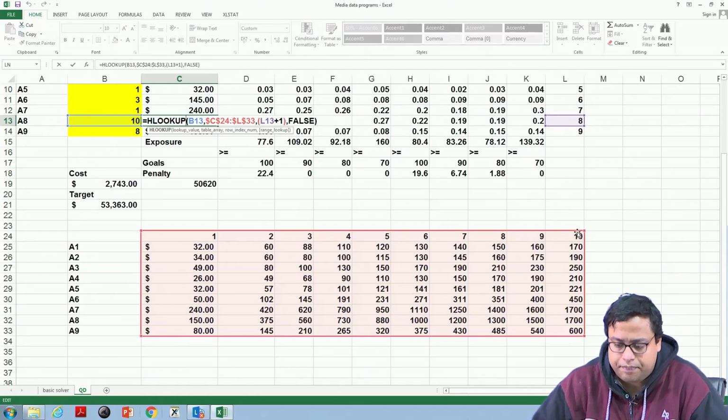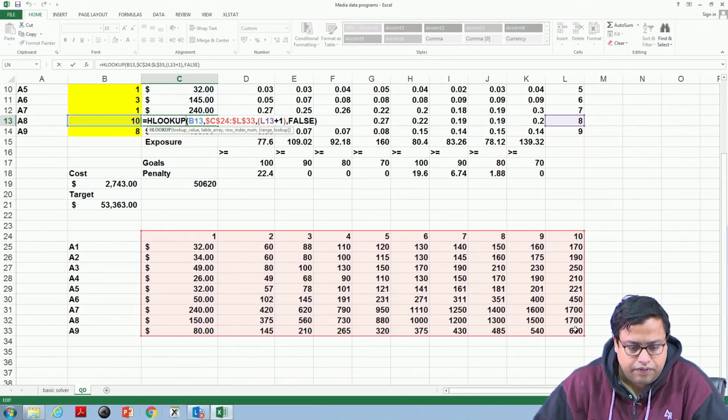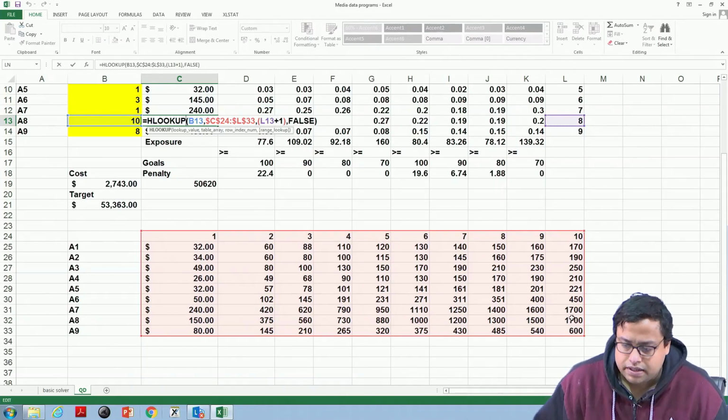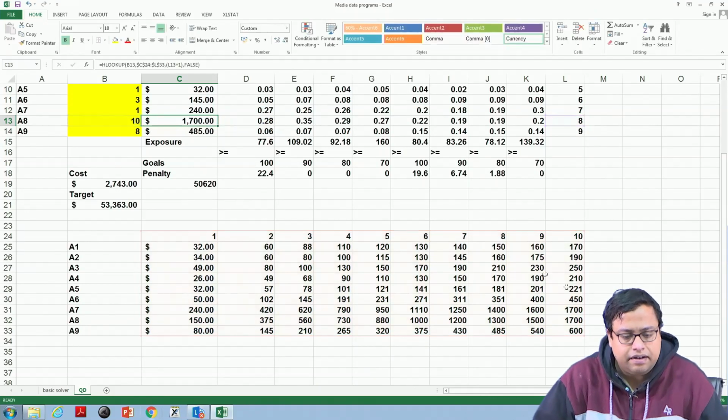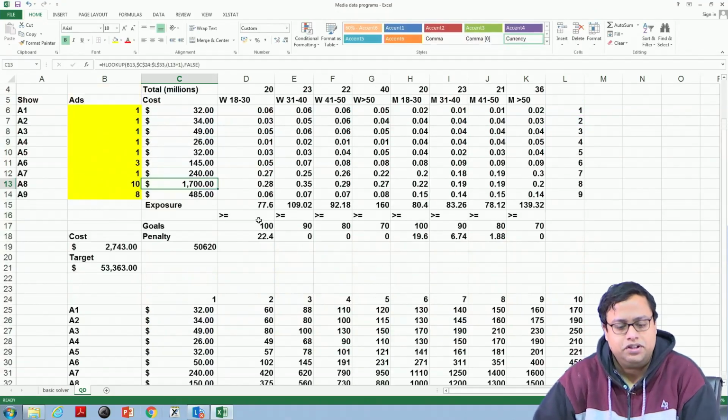So, 10 matching happened, then 1, 2, 3, 4, 5, 6, 7, 8, 9. Yeah, the value that should come up to be 1700, and 1700 is the value that is being shown here.